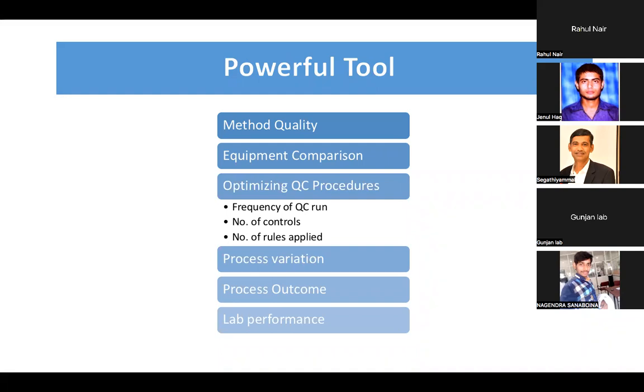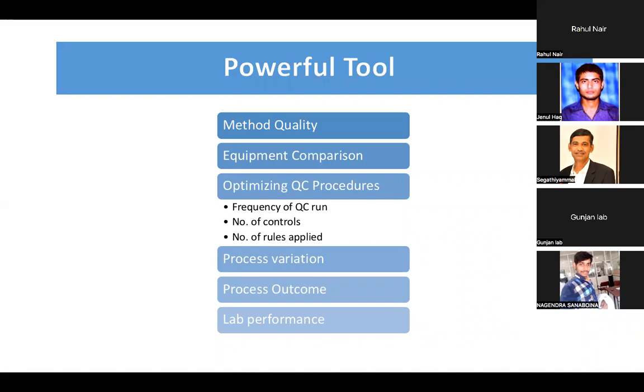Two things are very important: process variation and process outcome. In both cases, we use Six Sigma. And what is the difference in the application? And what is the meaning of process variation and process outcome? That we will discuss. And we can also check the lab performance over a period of time.